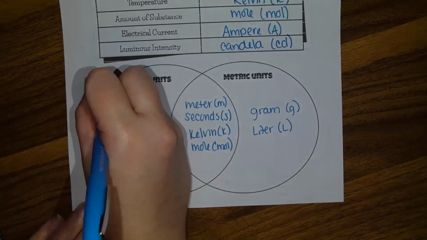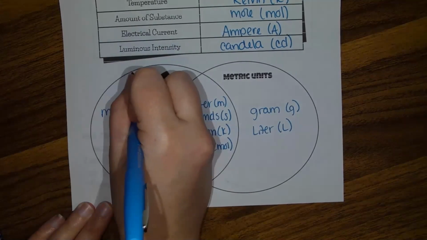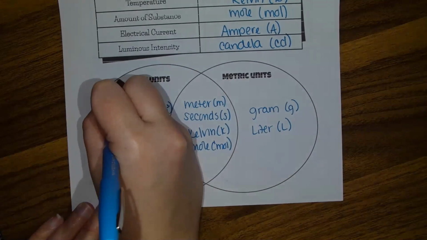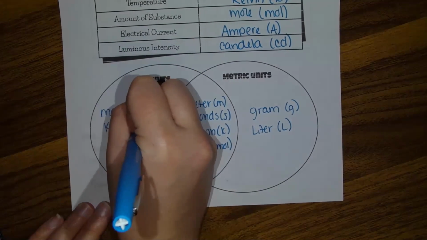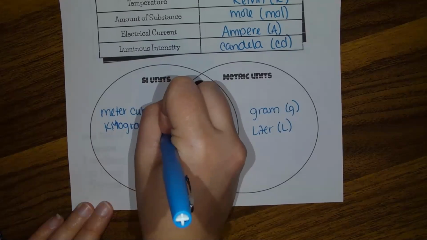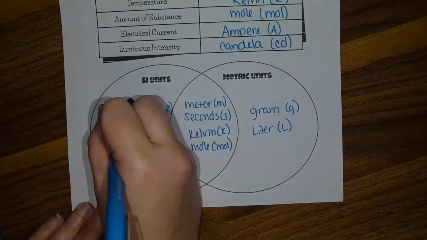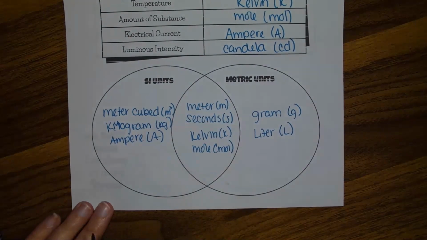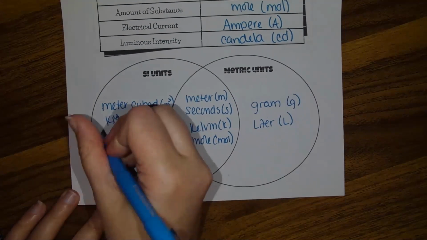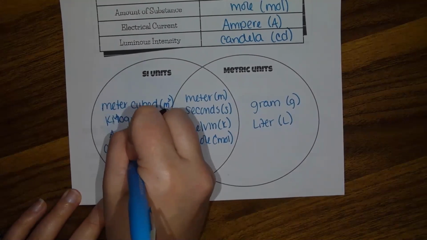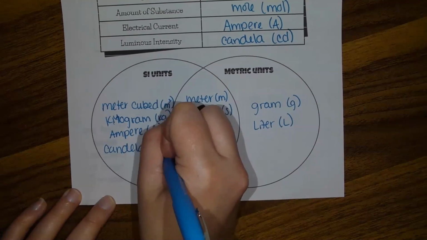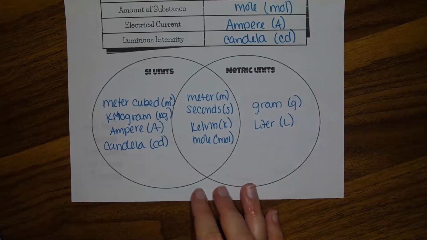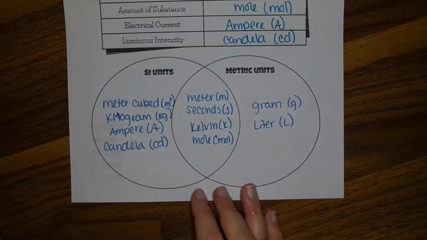What's going to be different is that for the SI you're going to use meters cubed, kilogram, ampere, because they don't really use much determination of electrical current, and candela. So those are really the difference.